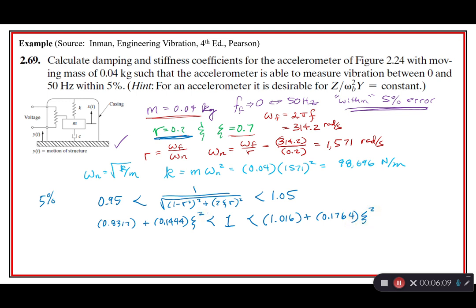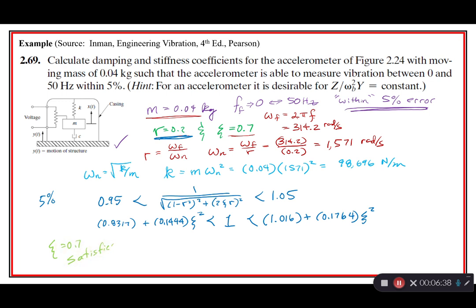Based on this, I didn't even bother to calculate what squiggle had to be. I didn't write it down. But notably, squiggle equals 0.7 satisfies this.